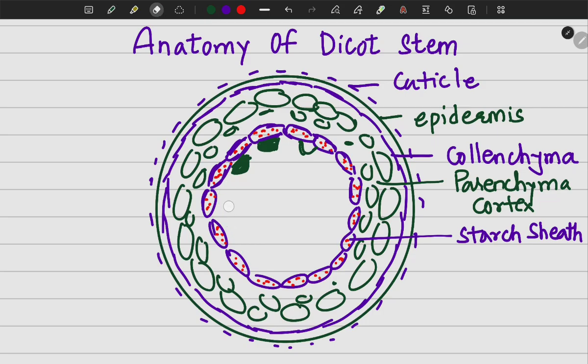Let me draw it properly. These semilunar patches of pericycle are made up of sclerenchyma.